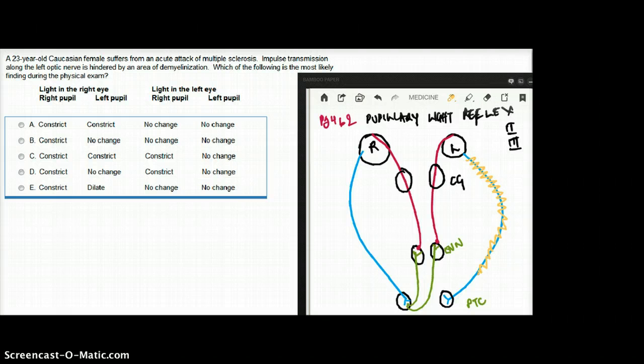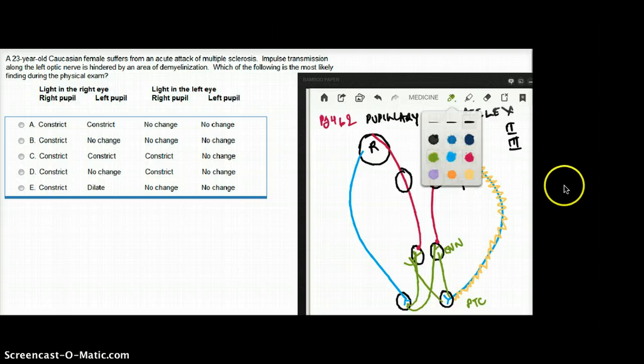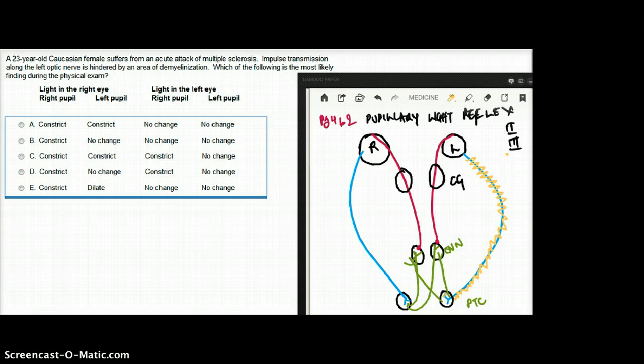If this is hindered, then the impulse going to the different Edinger-Westphal nuclei is also going to be hindered. Let me draw that so we can cross it out. One is going to go here, the other is going to go here. Both of them are going to be disrupted, like so.